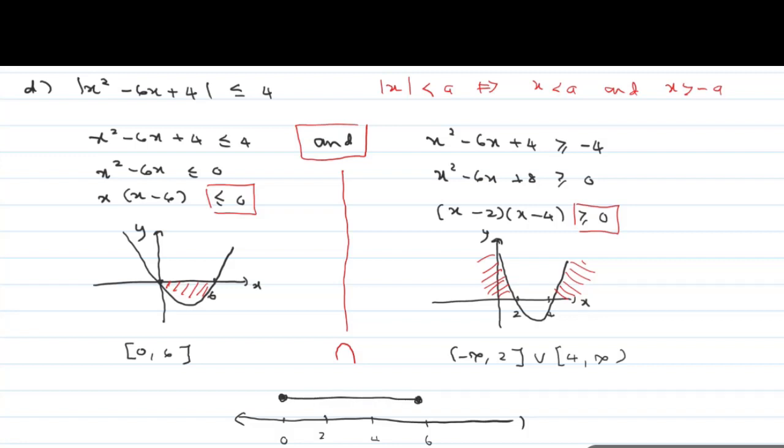For the second one, we have on the left side of 2, that is from negative infinity to 2, and on the right side of 4, that means from 4 to infinity. So here we want to find the intersection. The intersection is here. So therefore, the solution for this is from 0 to 2 union 4 to 6.